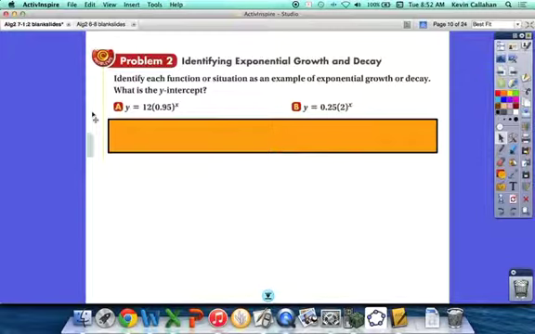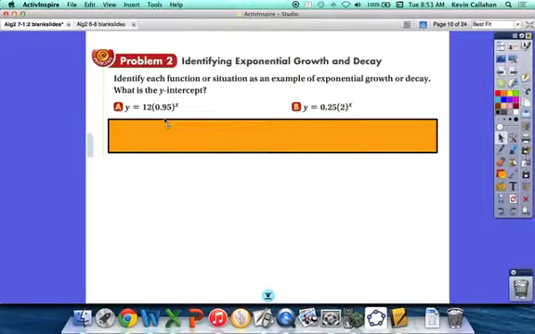What are you looking at to tell whether this is growth or decay? Is the b greater than 1 or less than 1? And what is it? 0.95 is less than 1, which means it is decay. If that number is less than 1, then it's going to decay.